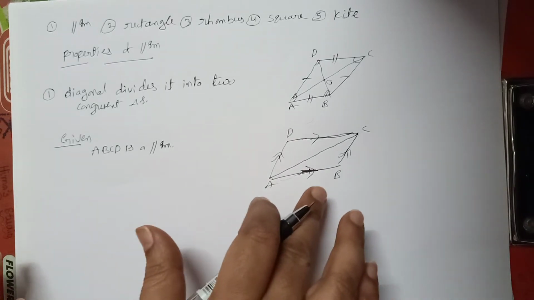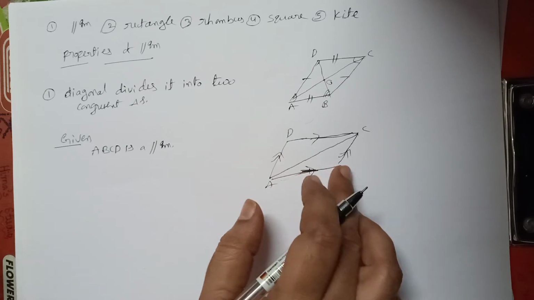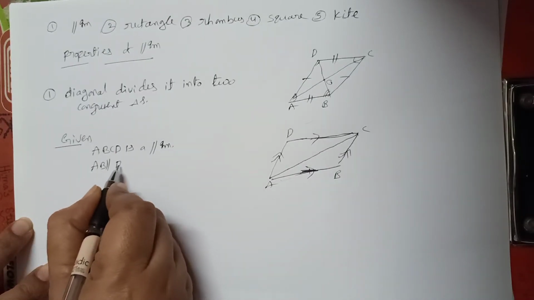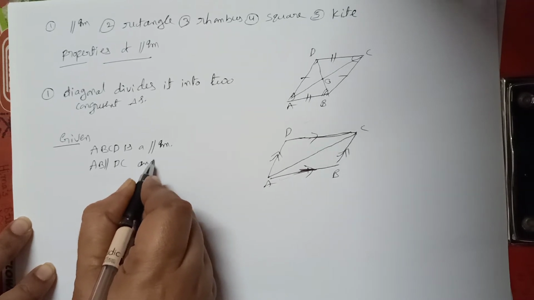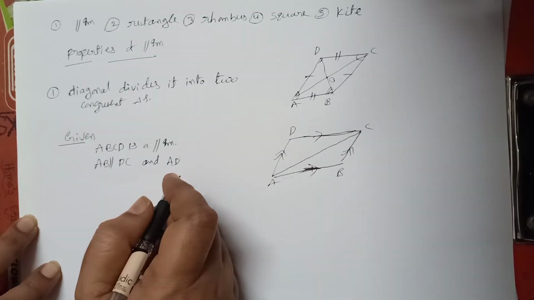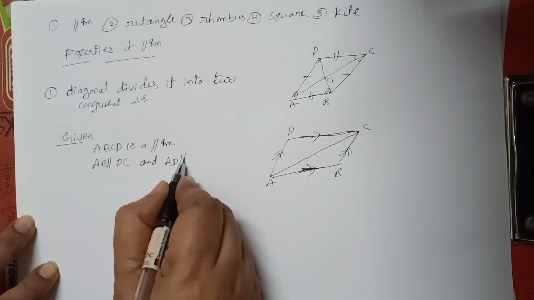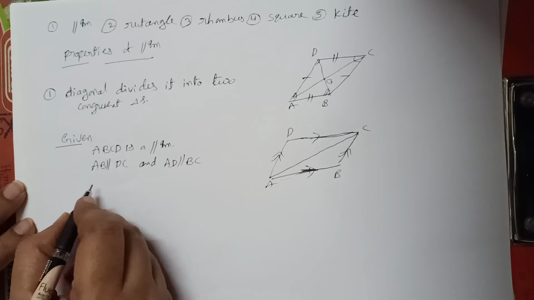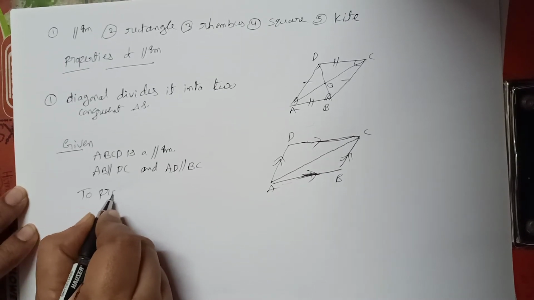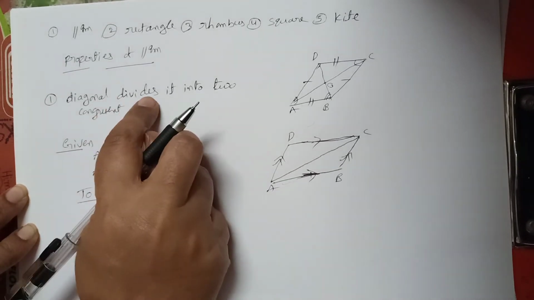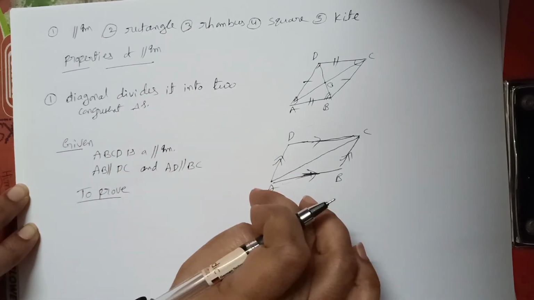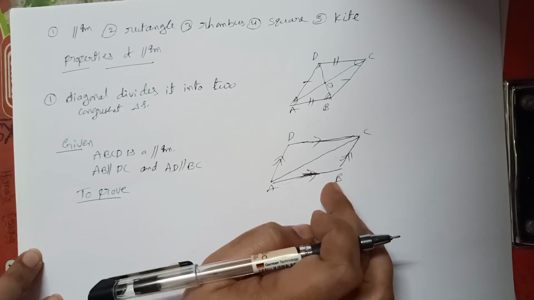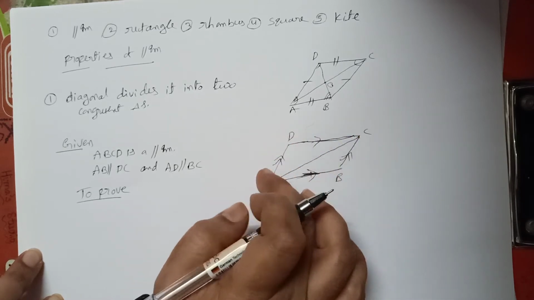Both pairs of opposite sides are parallel. That means AB parallel to DC and AD parallel to BC. So what is to prove? Diagonal divides it into two congruent triangles. Triangle ABC is congruent to triangle CDA.